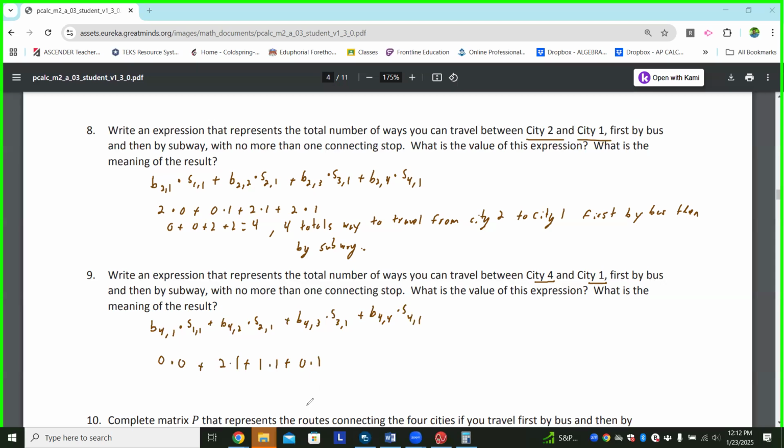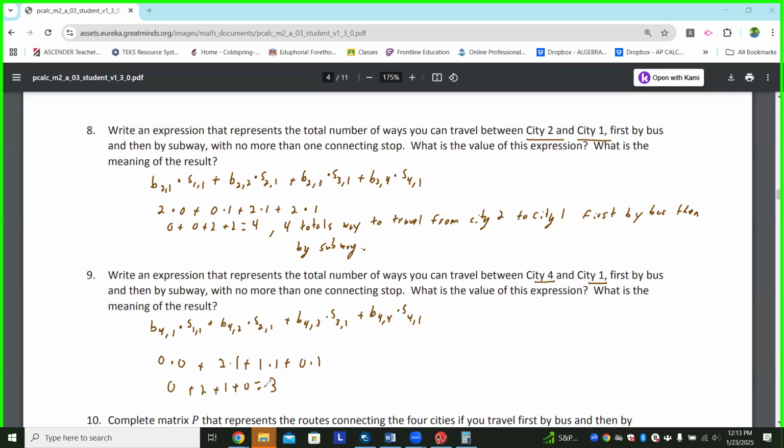Going back to the question before 4, looking at the matrix. And then when we do the math there, you just get 0 plus 2 plus 1 plus 0, which gives me 3. What does 3 mean? Go ahead, say it again. From where to where? From city 4 to 1.